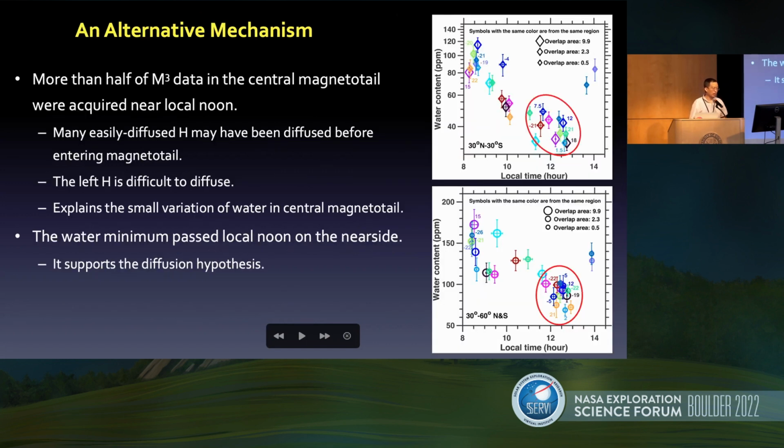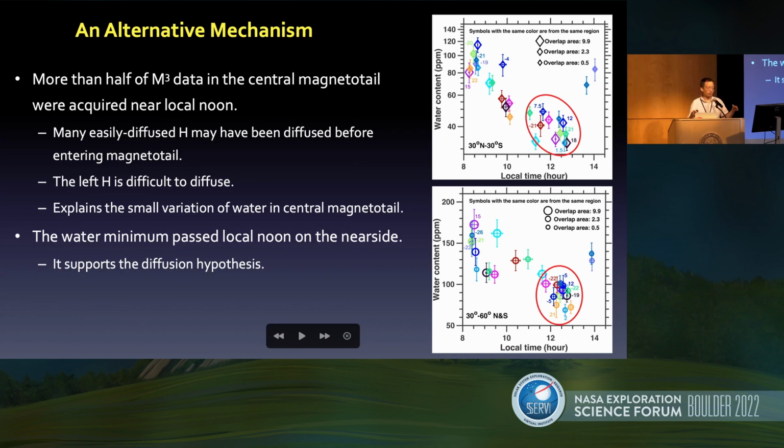Alternatively, we think this can also be explained by the diffusion process. Okay, almost done. Most of the data, more than half of the data, were acquired during the local noon, as I circled in the red circles. The top plot is the equatorial region, the lower plot is the mid-latitude. The point is the moon may have diffused a lot of hydrogen in the early morning.